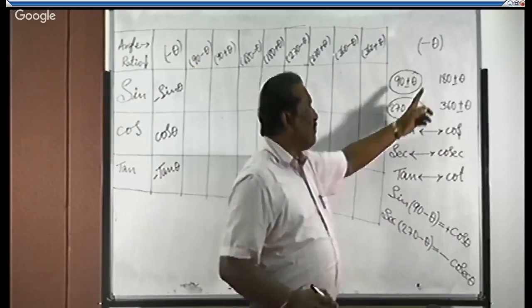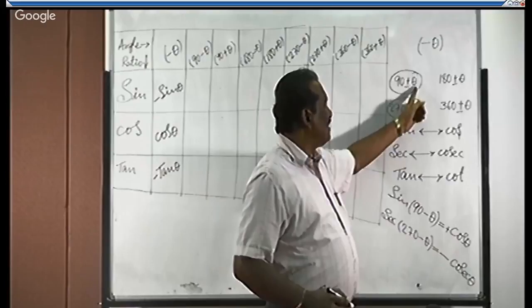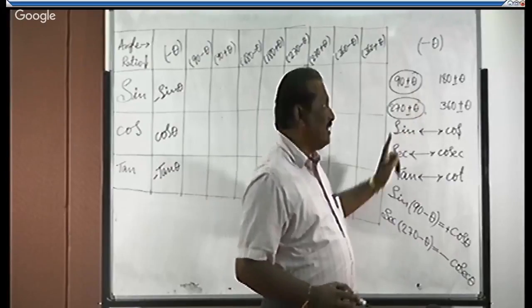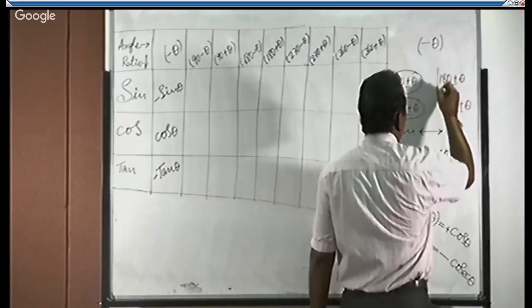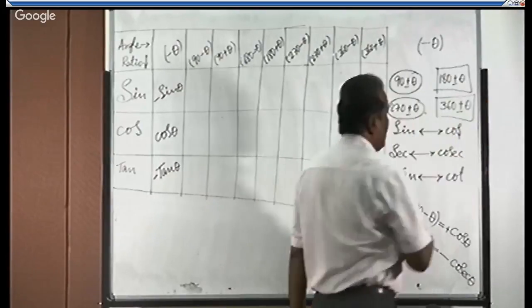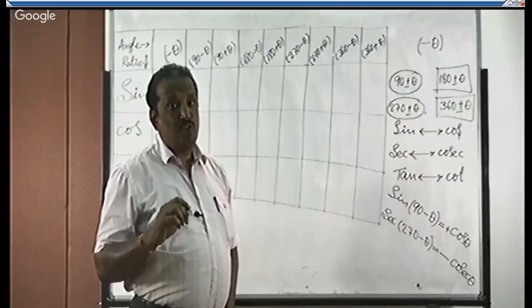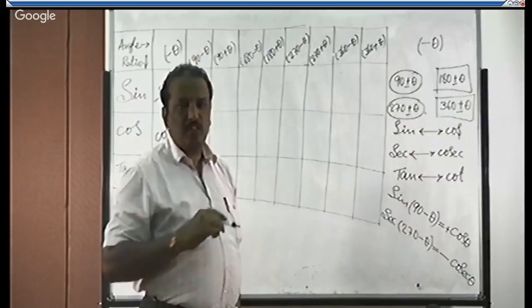Right? Now suppose instead of angles of the range 90 plus or minus theta or 270 plus or minus theta, we have angles of the range 180 plus or minus theta and 360 plus or minus theta. Now the convention is very much simple when compared to the previous one.